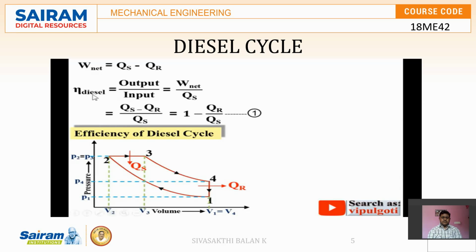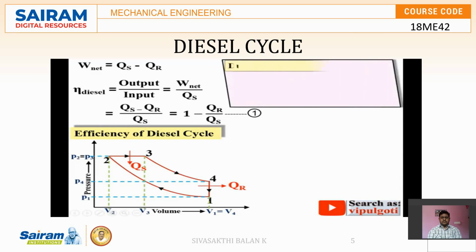So if I want to find the efficiency of the diesel cycle, I have to find Qr and Qs. Qs occurs during process 2-3, so I am going to consider process 2-3 first.